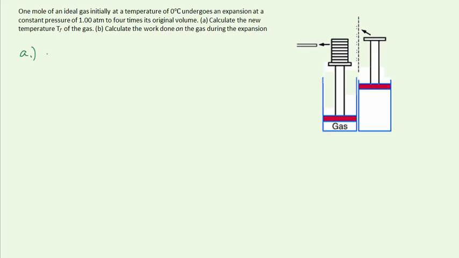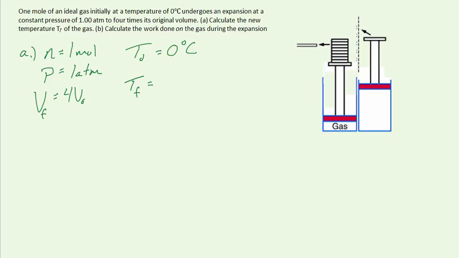So we summarize the information we're given: 1 mole of a gas at a pressure equal to 1 atm, and our final volume is 4 times our initial volume at a given temperature of 0 degrees Celsius, and we're asked to find the final temperature.